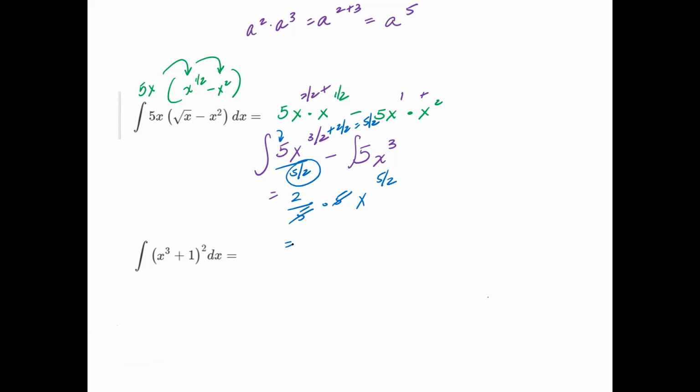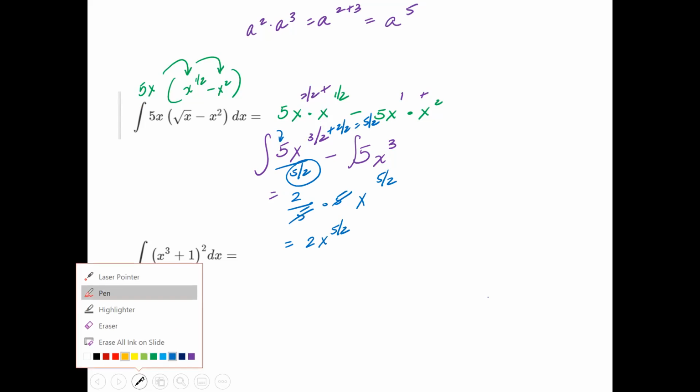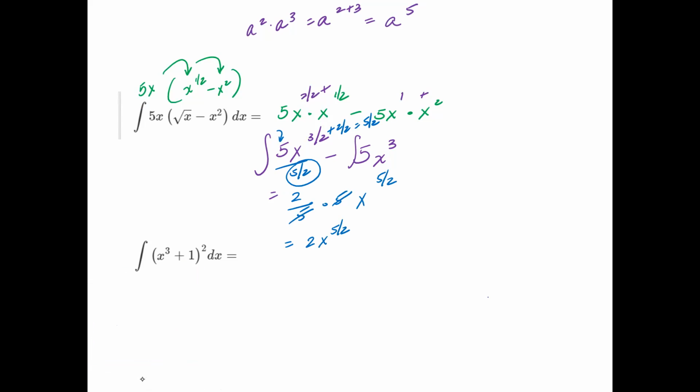So if I reduce this, 2x to the 5 over 2. And let's do the same thing with the second part. Add your 1, which makes it a 4, divided by the 4, which is going to be a 5 over 4, x to the 4th power. And that is your answer. Oh, don't forget your plus c.